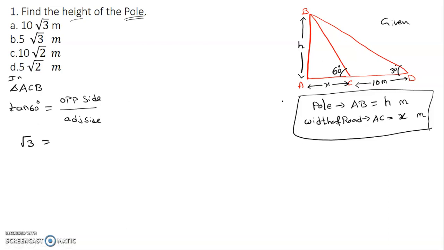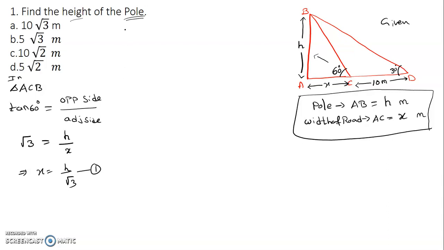The side opposite to 60 is AB, which is H. The side adjacent to 60 is AC, which is X. So in the next step, X is equal to H by root 3. Name this equation as 1.